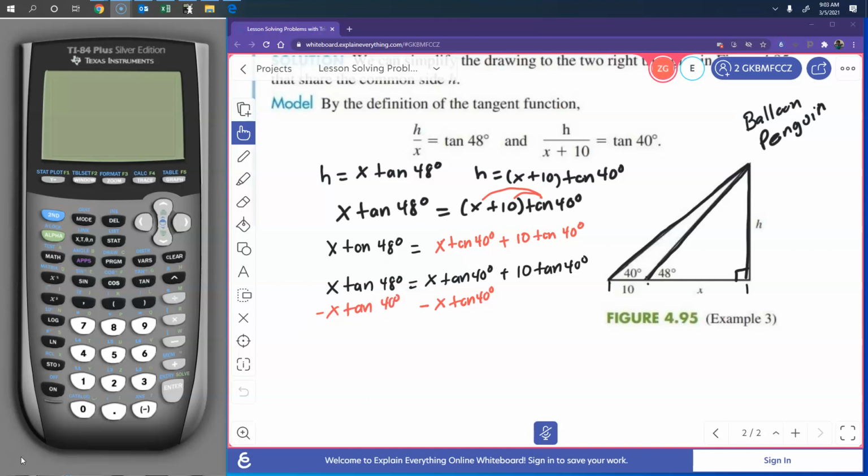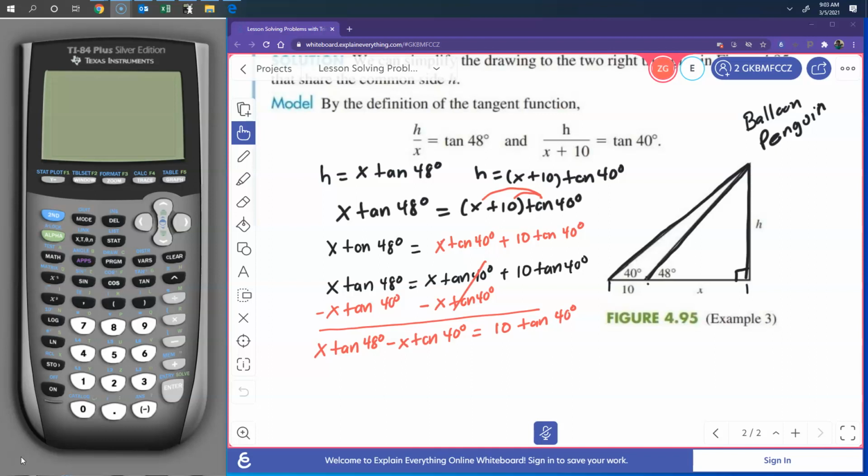And you're probably saying, well, how are we going to subtract those two? You're actually going to write it as a difference expression. So you're going to have x tangent of 48 degrees minus x tangent of 40 degrees is equal to, and this is gone, that's 0, 10 tangent of 40 degrees.